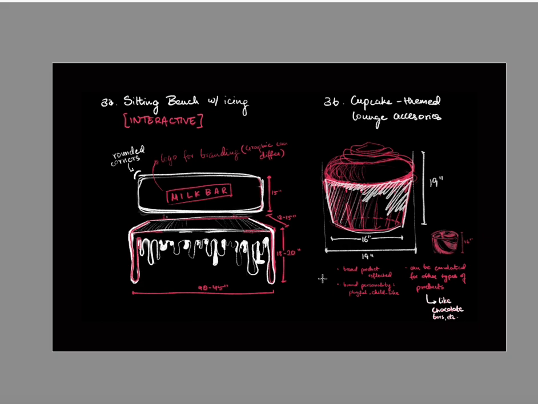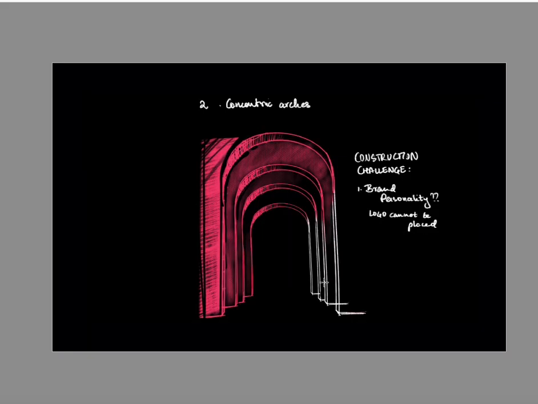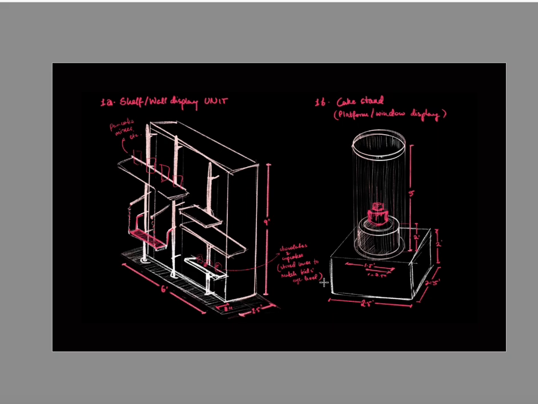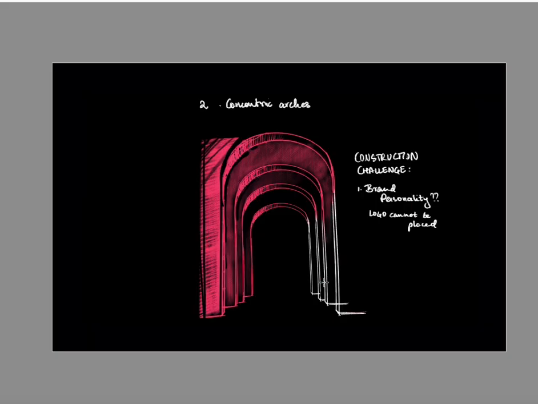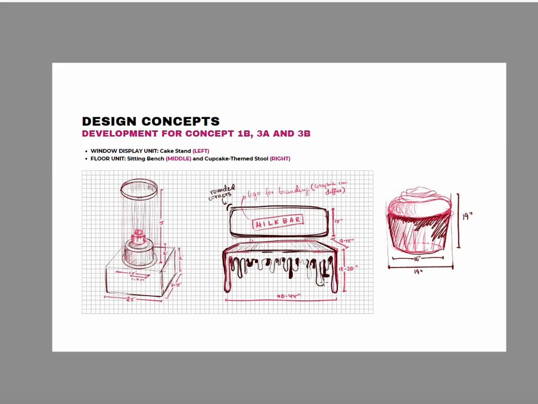Sitting bench with icing, which is so cute and nice, and I love how detailed the sizes are specified here. Even this drawing has a very consistent dual tone of red and black, or monochromatic per se, in order to make a consistent presentation slide.